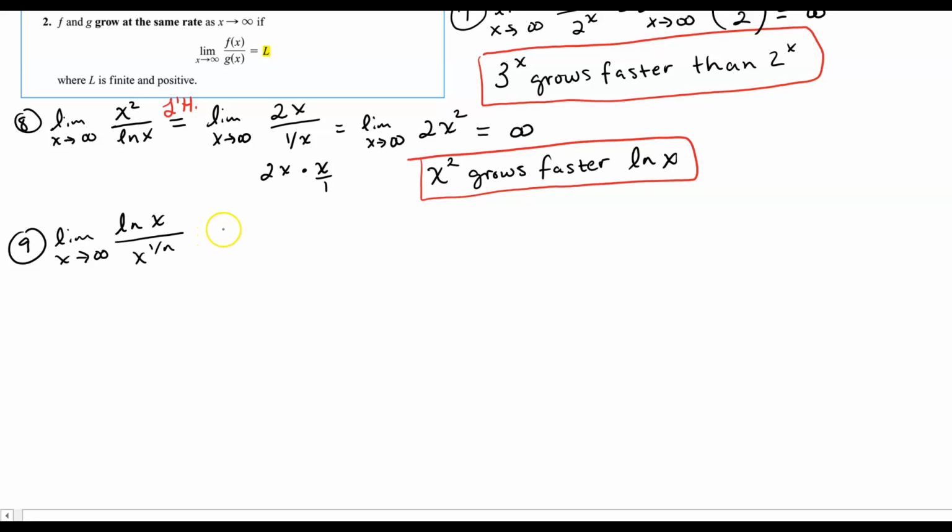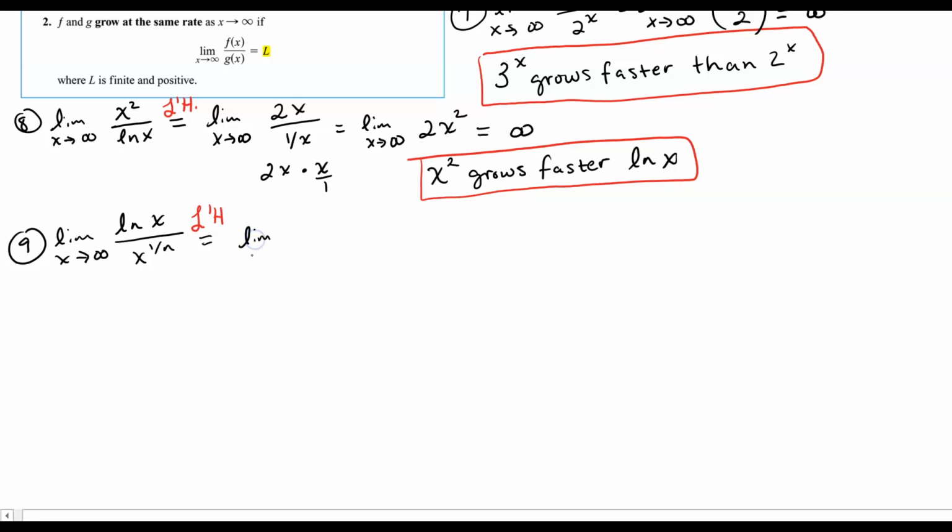So this is kind of like a general root power, if you will, like a root. We're going to use, again, L'Hopital's rule, because we need to do that in order to evaluate this limit. We're using n as some degree, and we're looking at x to a certain power and the natural log of x.